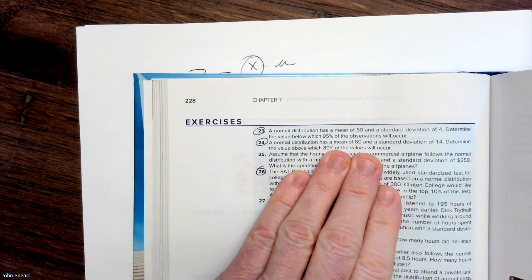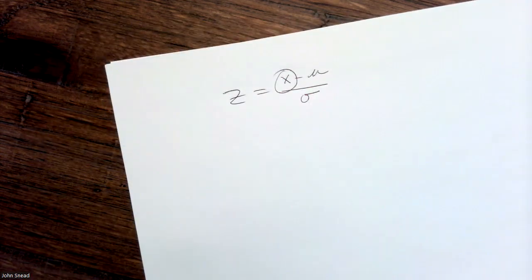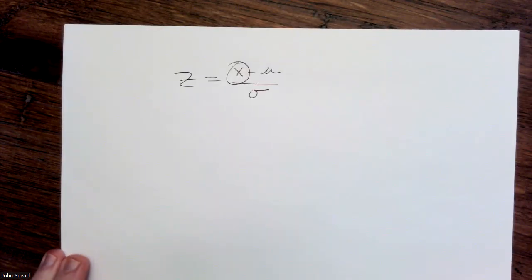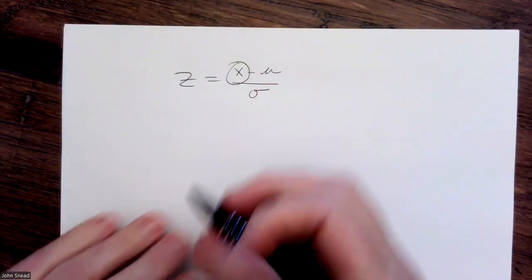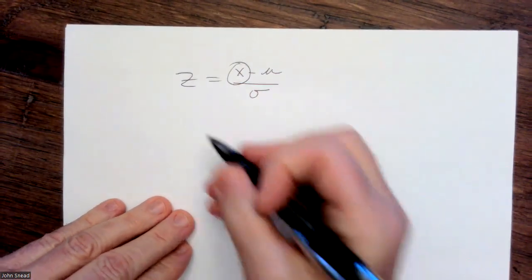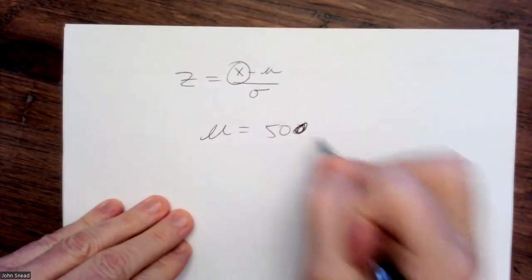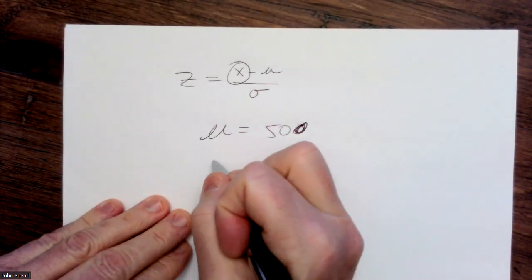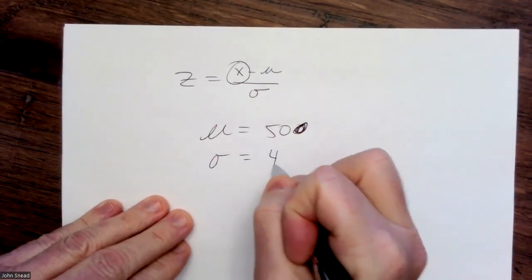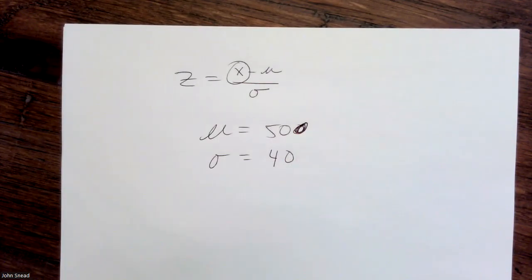So we know the mean is equal to 50, the standard deviation is equal to 4, and we want to find a value below which 95% of the observations will occur.